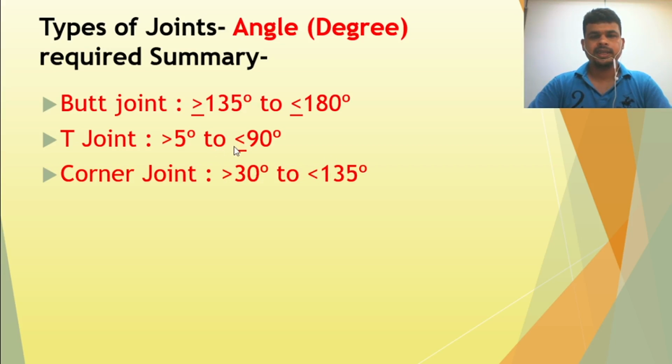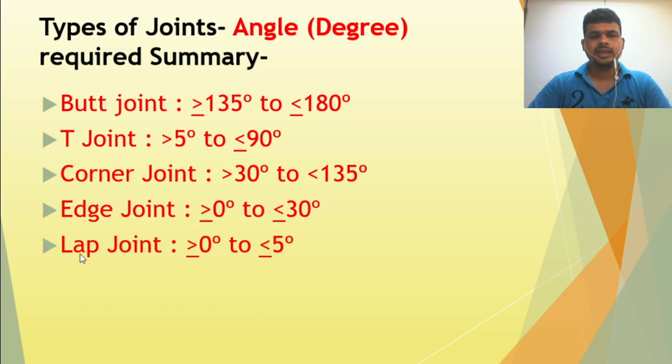You must consider these greater than and less than for the type of joints. For the edge joint, you can see equal to or greater than 0 degree to less than or equal to 30 degree. That means greater than 30 degree is the corner joint. If equal or less, then it should be the edge joint. You can see from this.